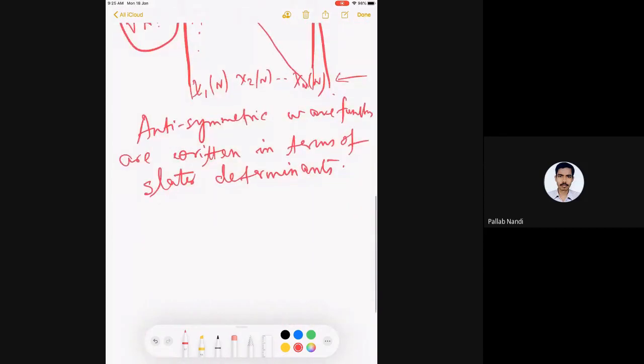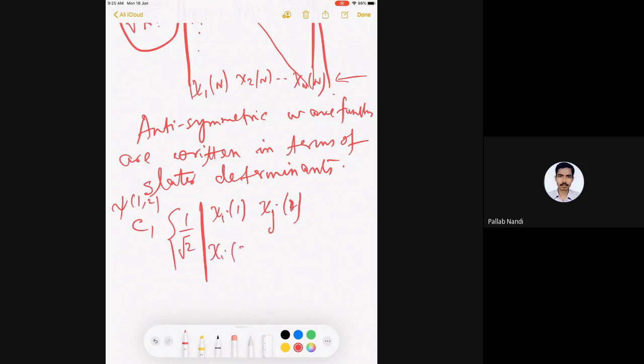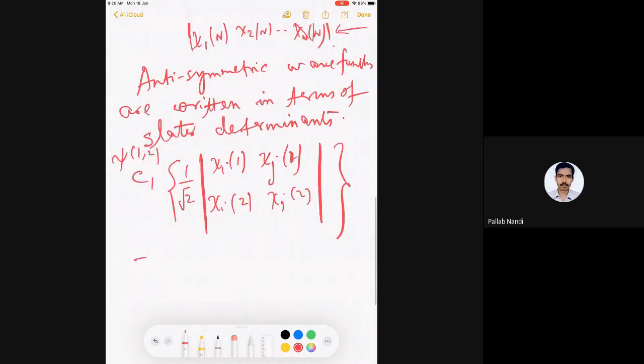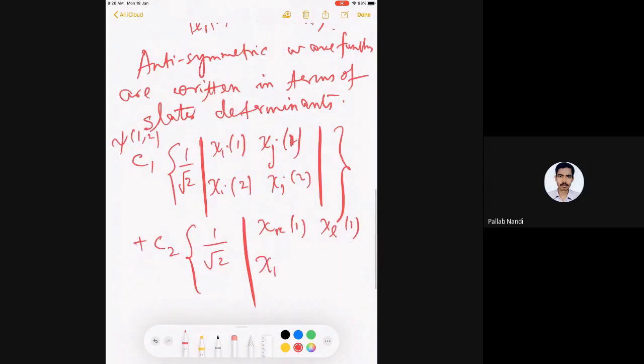So for example, if I write a two electron wave function as C1 into a determinant, 1 by square root 2 chi i1, sorry, chi j2, chi j1, chi i2, chi j2, plus C2 into 1 by square root 2 chi k1, chi l1, chi k2, chi l2.